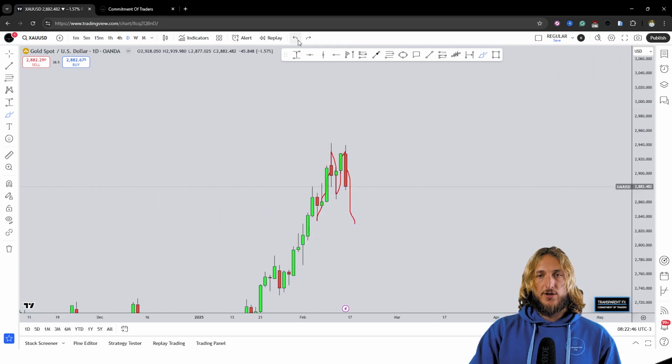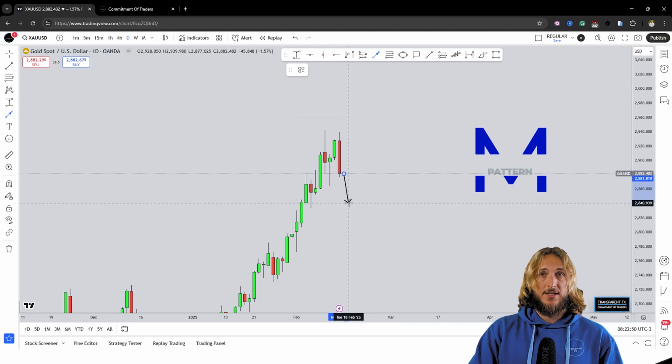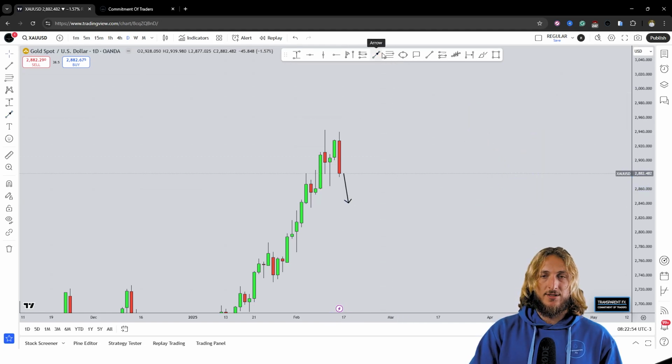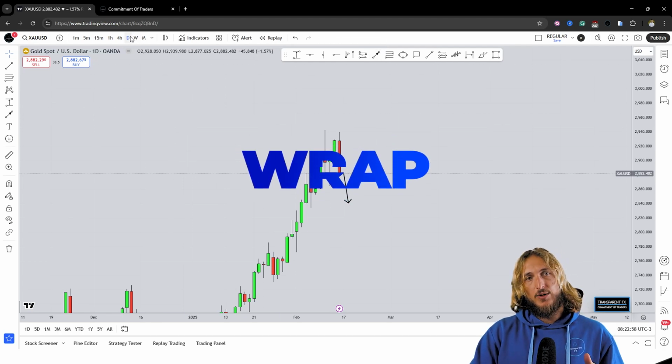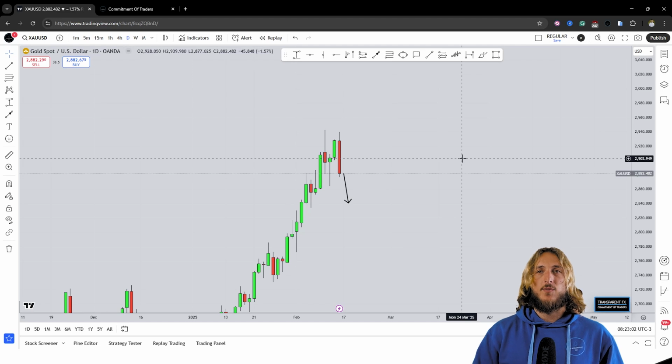So if the market here will continue with the creation of this uptrend, at that point, how would I expect the continuation of the uptrend? Now, as usual, trading is reactive and not predictive. The monthly, weekly, and daily timeframes combined with the COT data are the best timeframes when it comes to the directional aspect of the market.